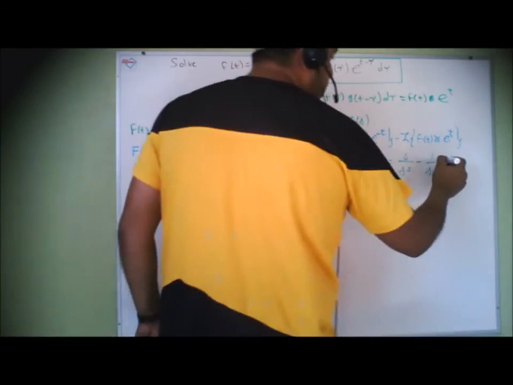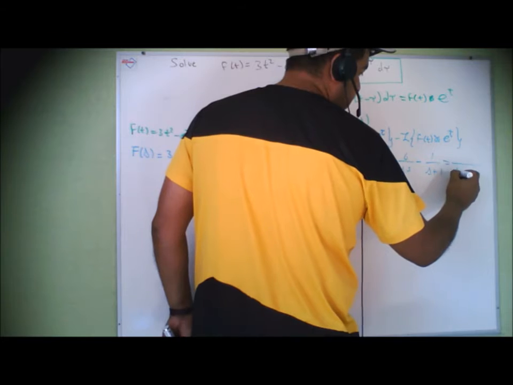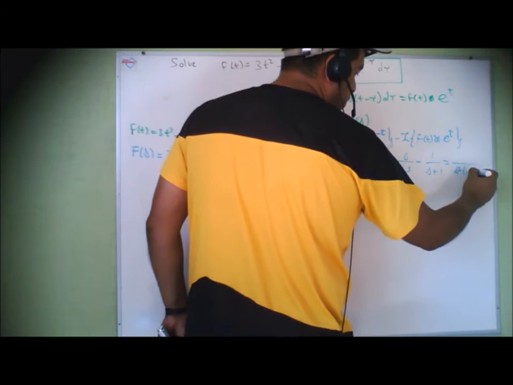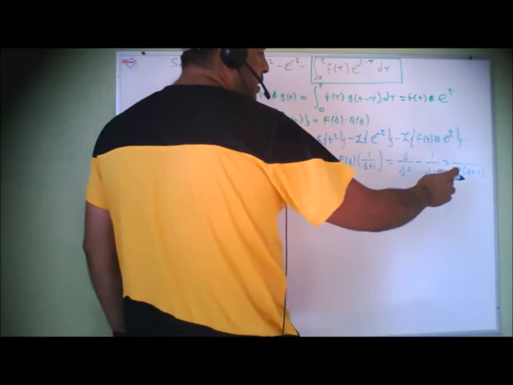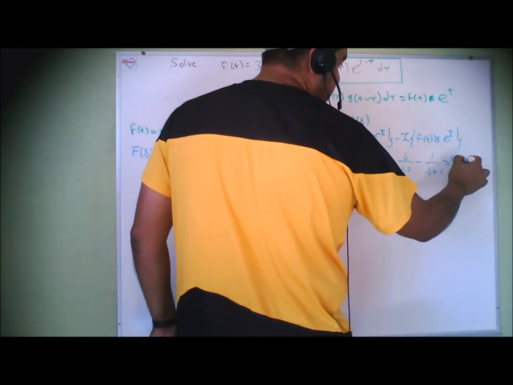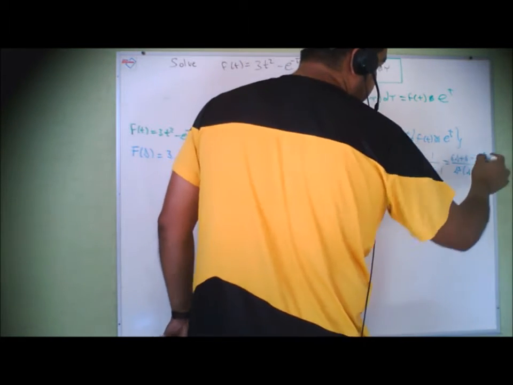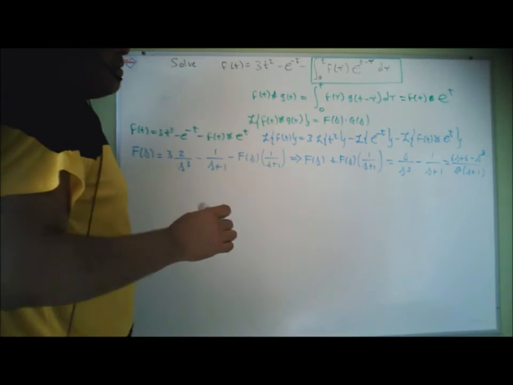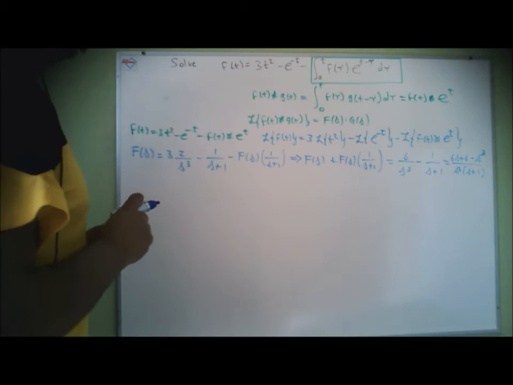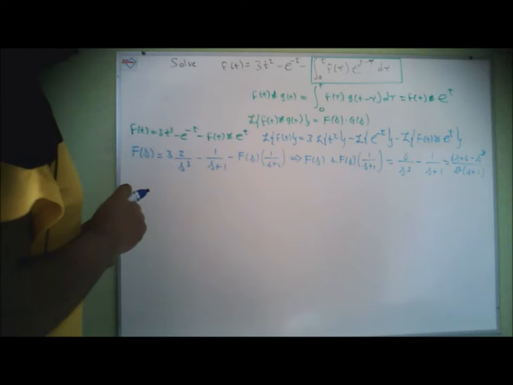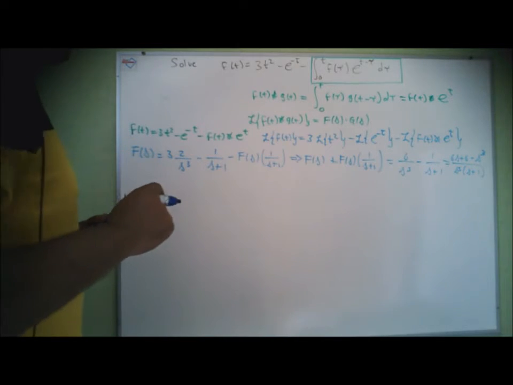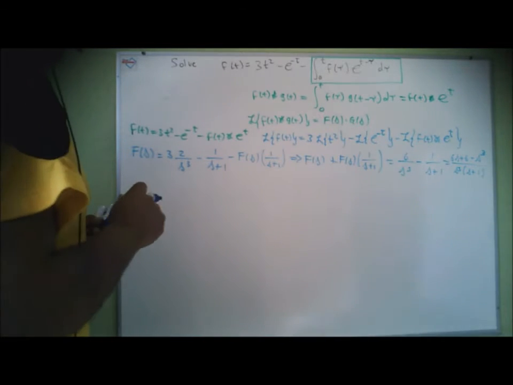Let's do the common denominator here. S to the power of 3 times s plus 1. The numerator is going to be 6s plus 6, and then minus s to the power of 3. Let's continue.